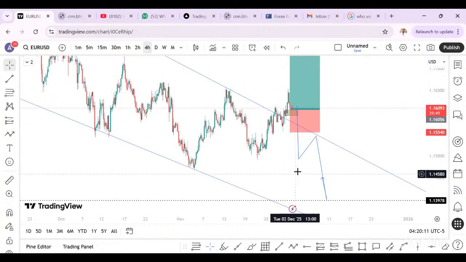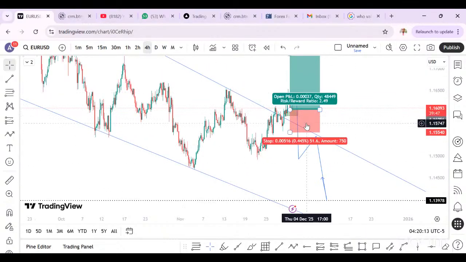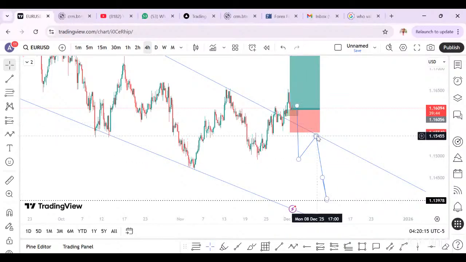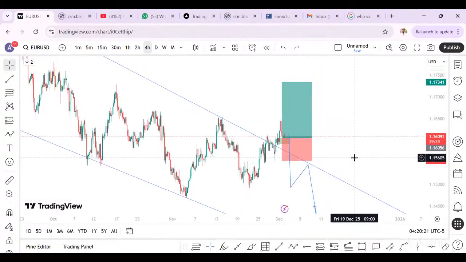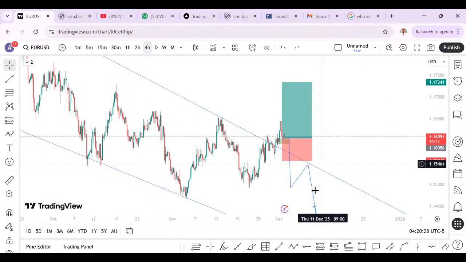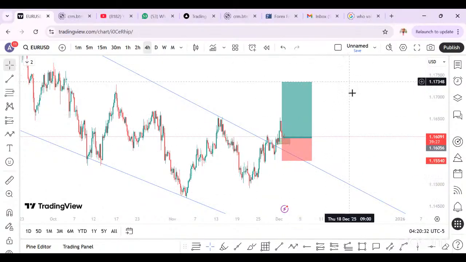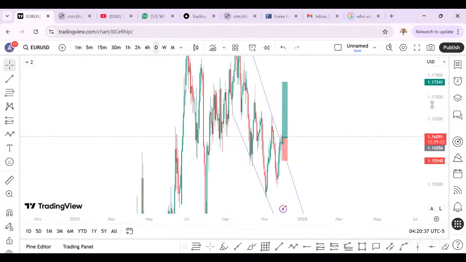If this happens, then we'll take our small loss, then we'll position for the continuation for the sell, meaning that price will come to this place. So our risk is good and everything is in order. So let's see how that trade is going to play out. That is EUR USD for us.